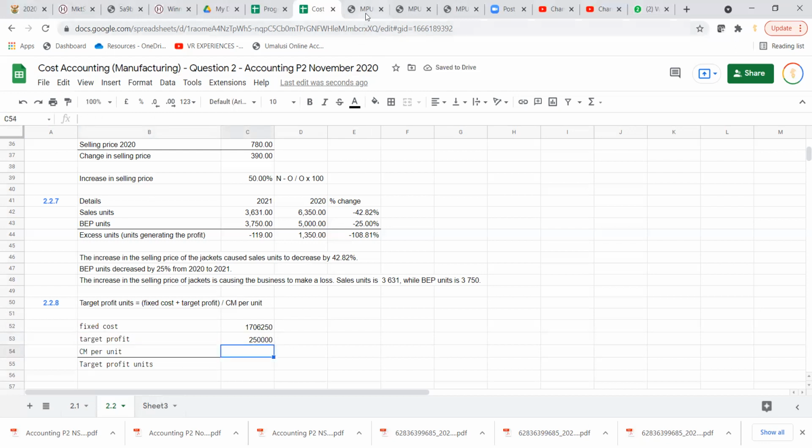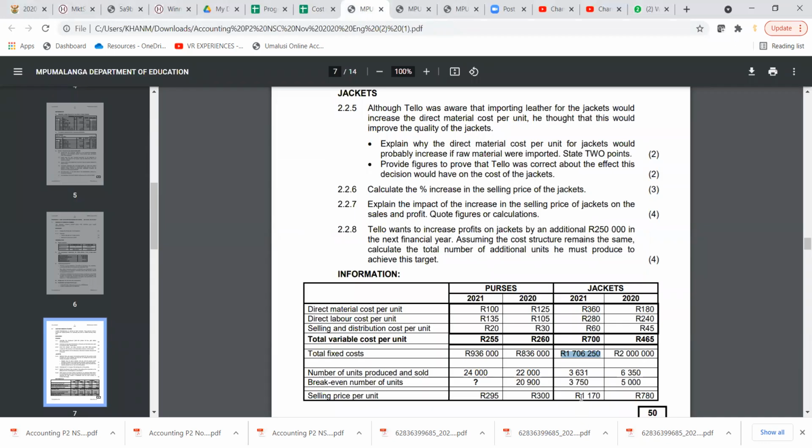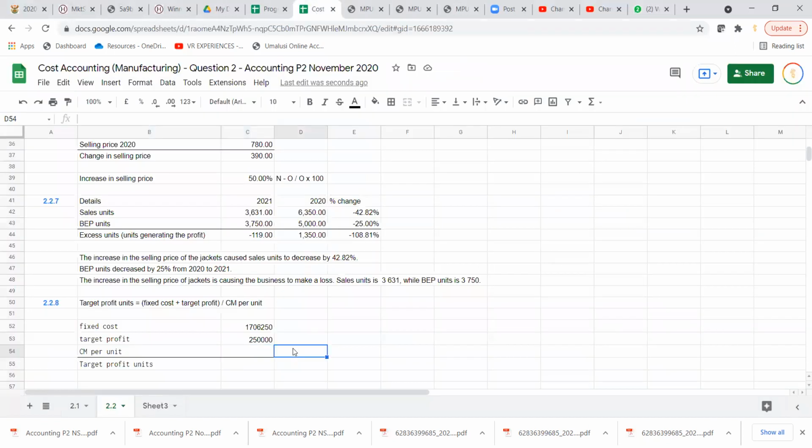Contribution margin, we have it as selling price per unit minus variable cost per unit. So it is 1170 minus 700. So there we have all the information.